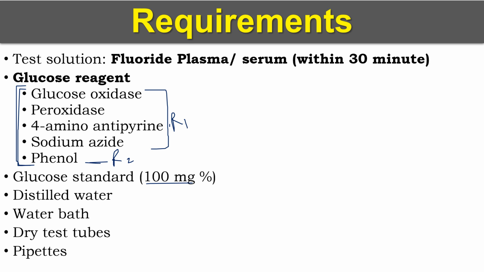When you prepare by yourself, we mix reagent 1 and 2 in a 2:1 ratio, 2 parts of reagent 1 and 1 part of reagent 2, but only at the time of the reaction, when you are going to utilize it.